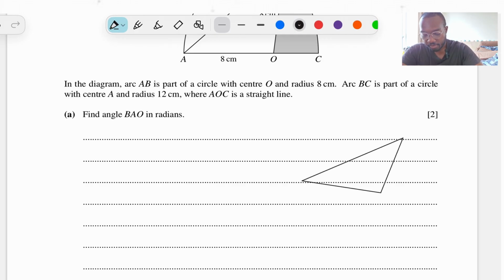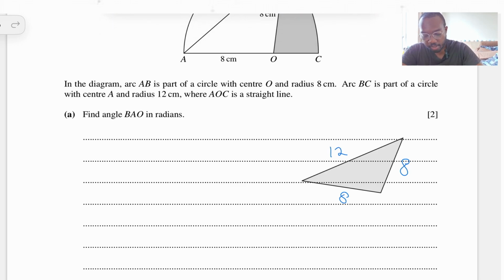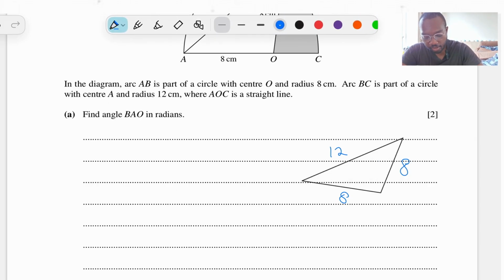Then we know that this side is 8, this side is 8, this side is 12, and all we want is this angle right here, because this is angle BAO. So therefore, we can use cosine rule for that. Let's label this A, this B, and this C.